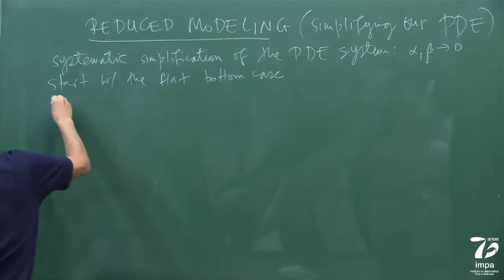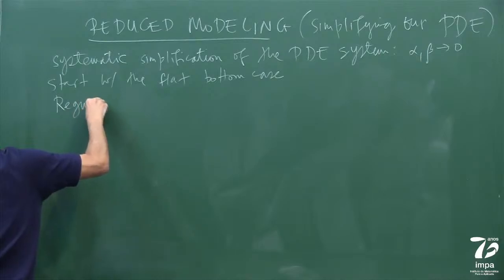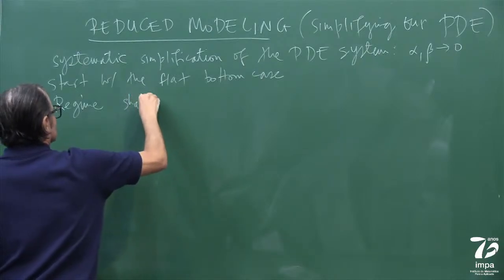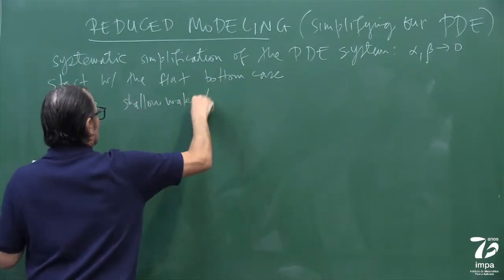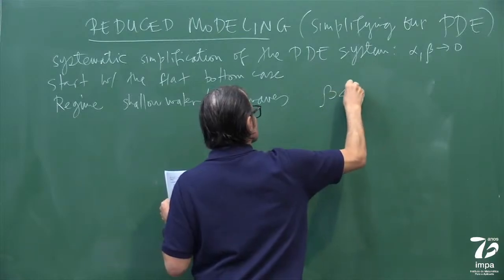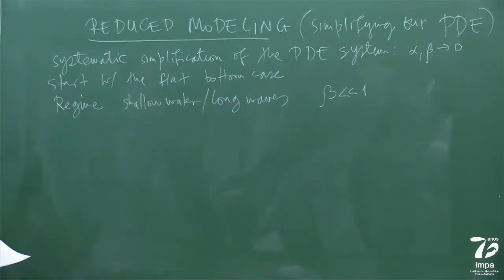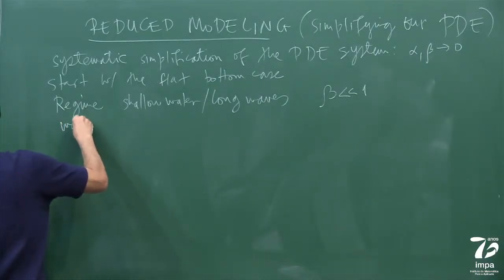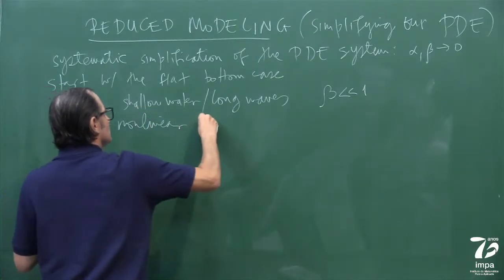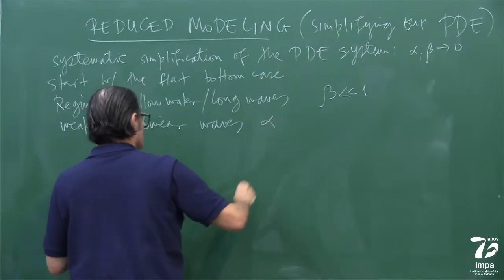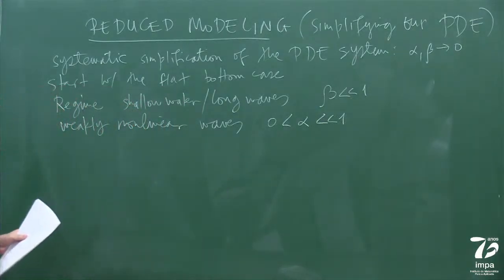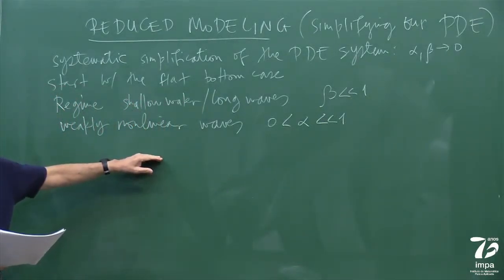And our regime is shallow water, long waves, which then is expressed by this parameter, and weakly nonlinear waves, which means alpha greater than 0 and much smaller than 1.